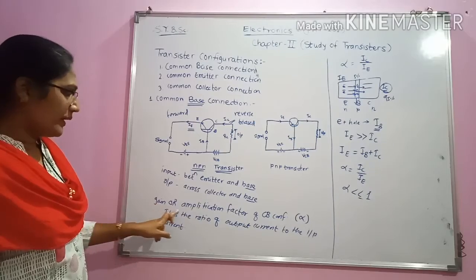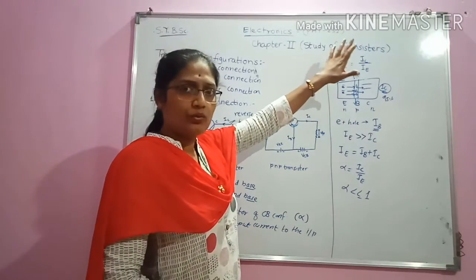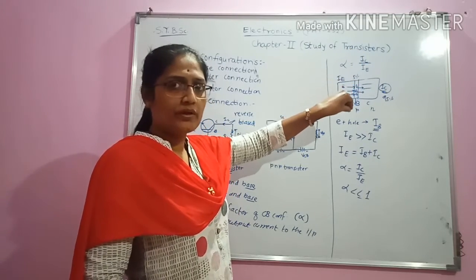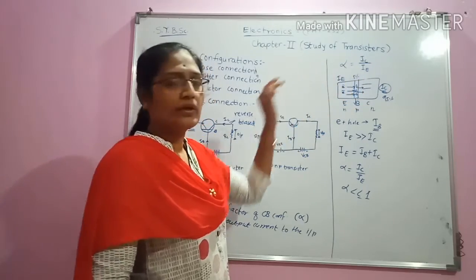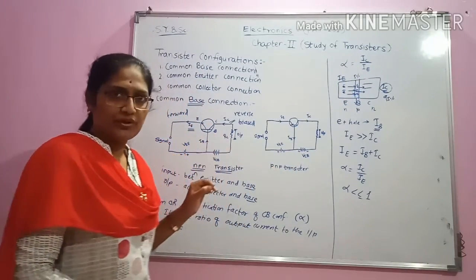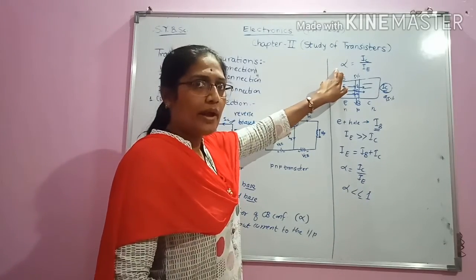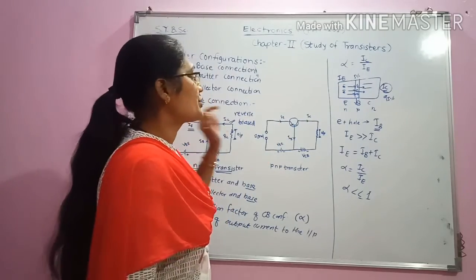So gain can be found out by using the formula output current divided by input current. Here output current is nothing but IC, that is collector current, and input current is nothing but the emitter current, and hence their ratio will give us the gain or amplification factor for the common base connection.